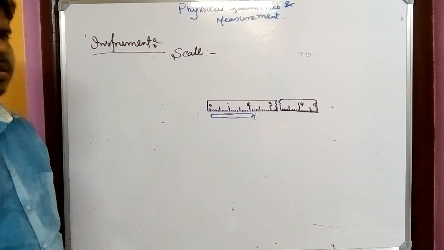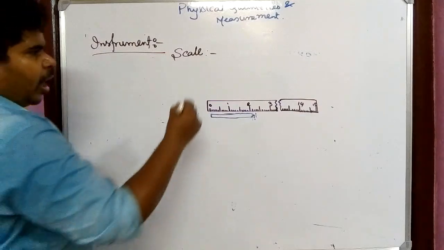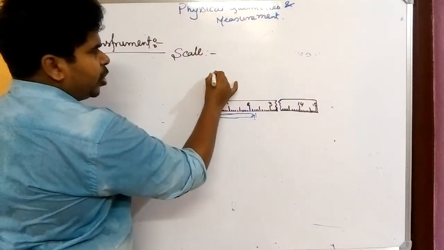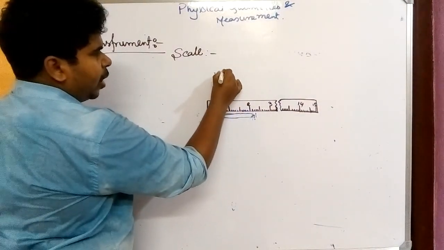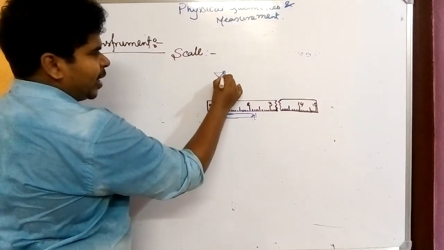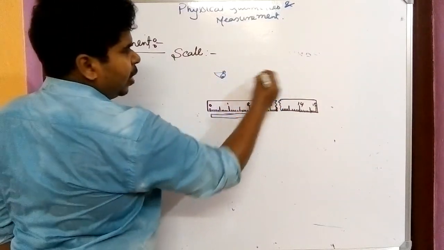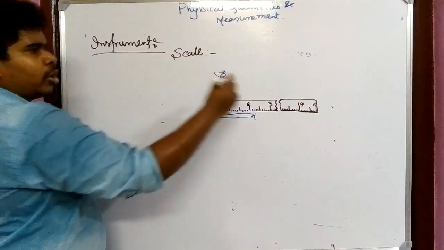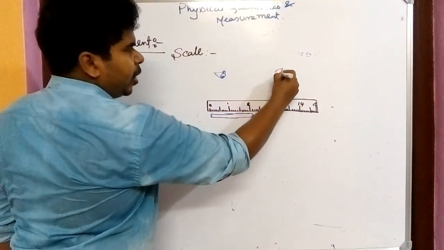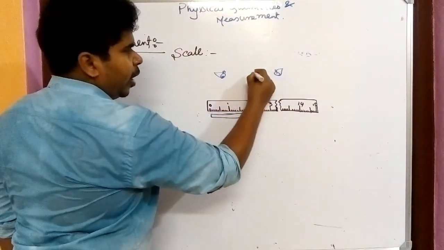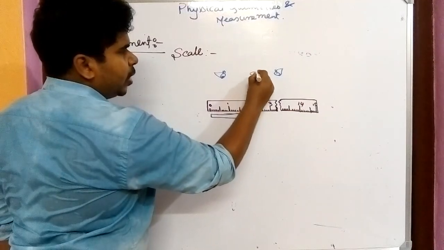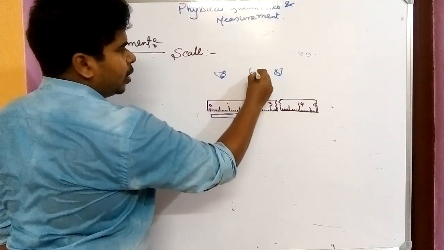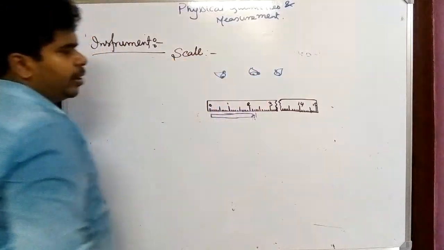Nothing. What I have done is just change the position of my eyes to take the reading of the scale. First I went to this portion, then I came to this portion, and then I see it perpendicularly from here.